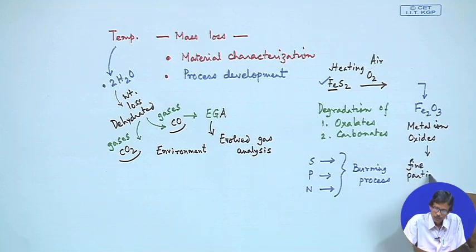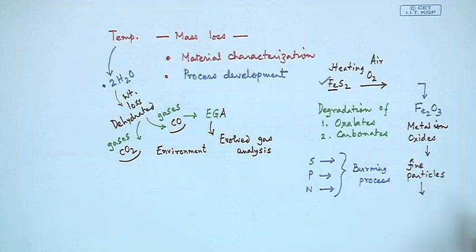It is possible to prepare those fine particles, and if they are in the very small size area, the nanometer area, we will be able to prepare corresponding nanoparticles, which have tremendous application in terms of their other physical properties.